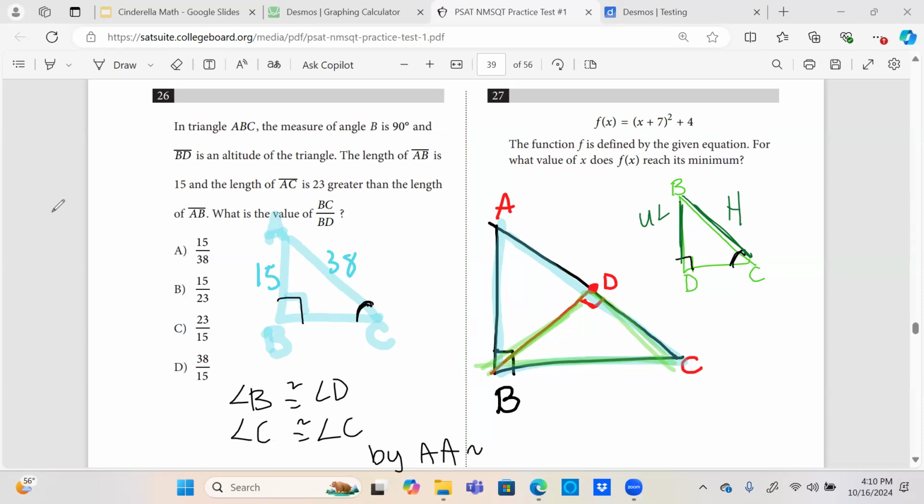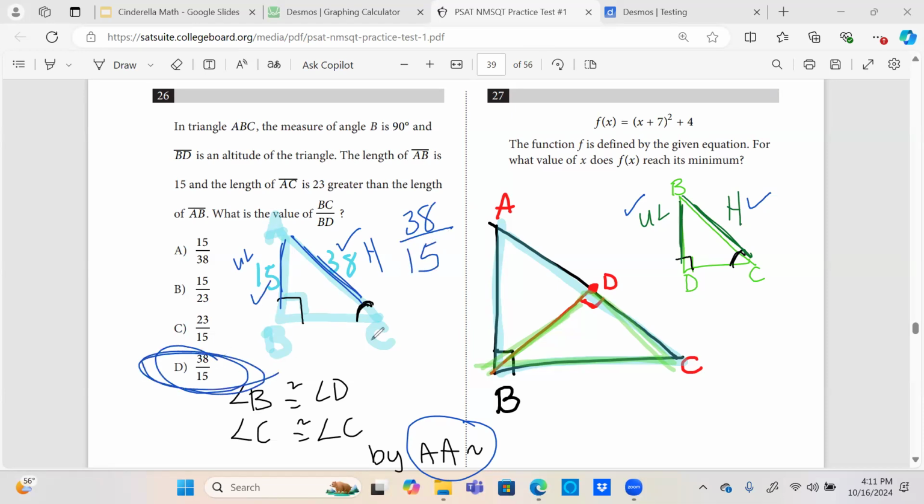If you come to the blue one, we have the hypotenuse and we have the upright leg. And we know in similar triangles, those ratios are going to be the same. So BC, hypotenuse, compared to BD, upright leg, will match hypotenuse compared to upright leg. There we go.